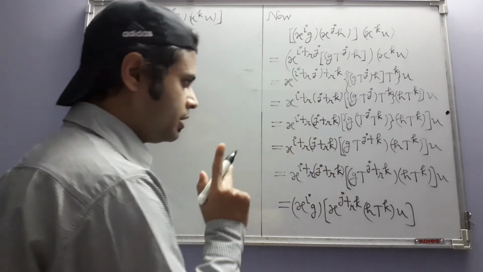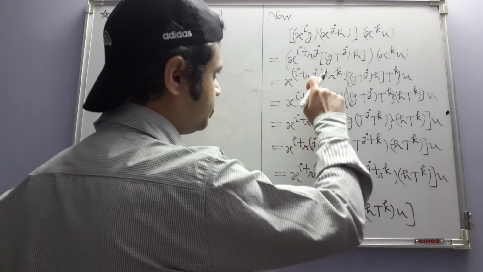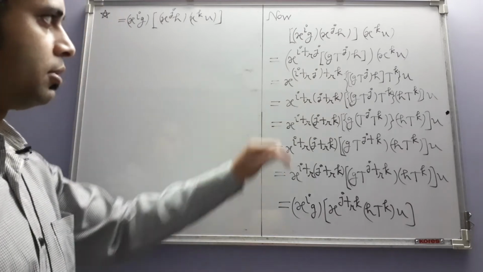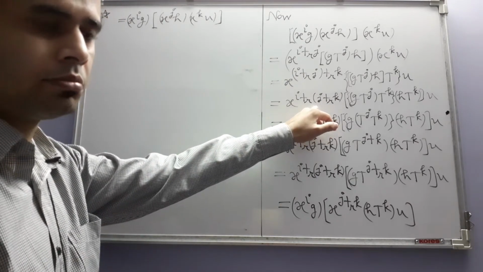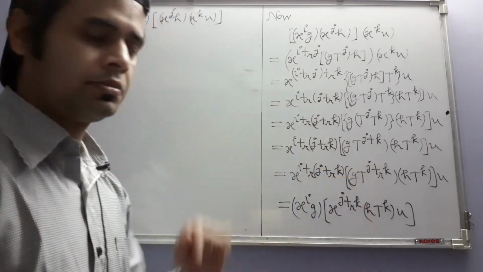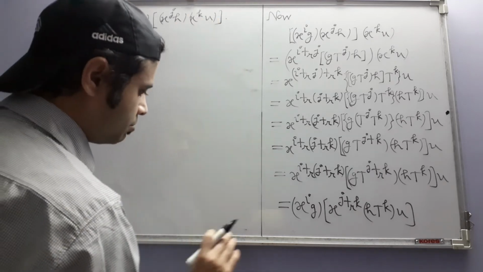One of the two things we have to justify. One of them is of course this one. These two numbers that appear above x are congruent to each other modulo r. And the other thing is this. Okay, so let's do them one by one.